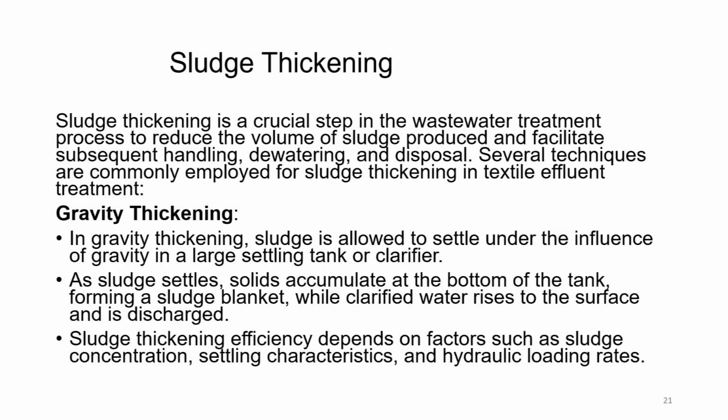In gravity thickening, sludge is allowed to settle under the influence of gravity in a large settling tank or clarifier. As sludge settles, solids accumulate at the bottom of the tank, forming a sludge blanket, while clarified water rises to the surface and is discharged. Sludge thickening efficiency depends on factors such as sludge concentration, settling characteristics and hydraulic loading rates.